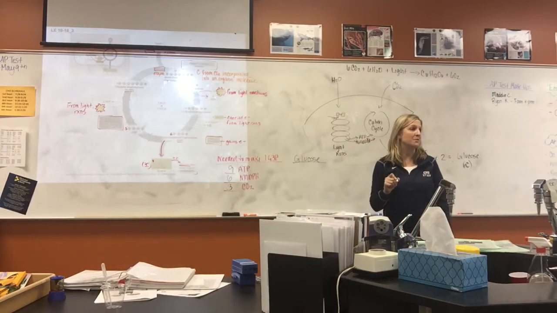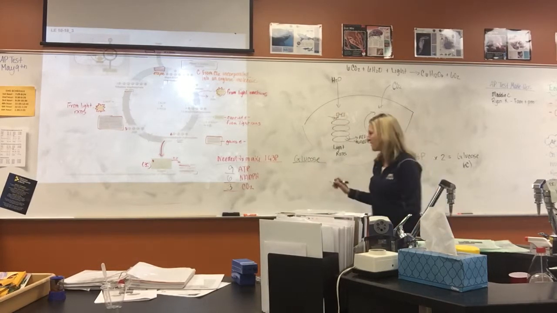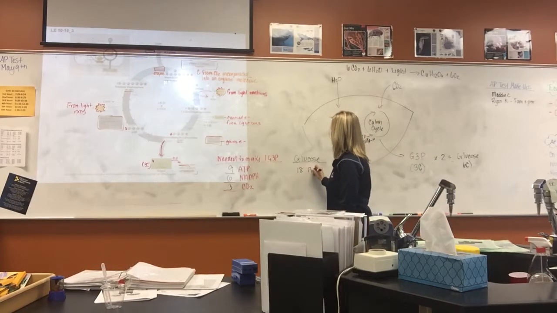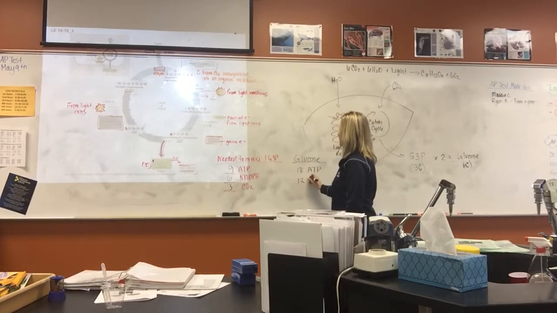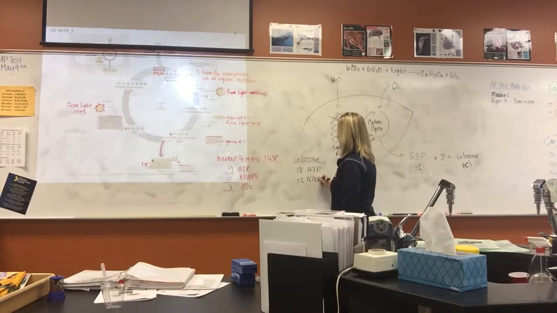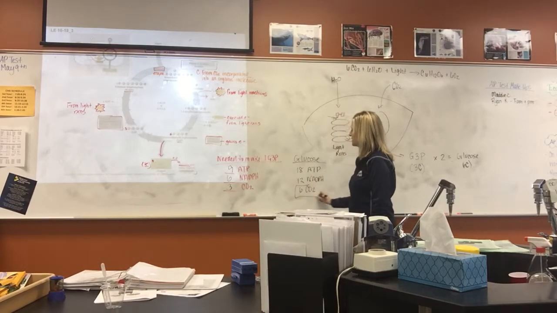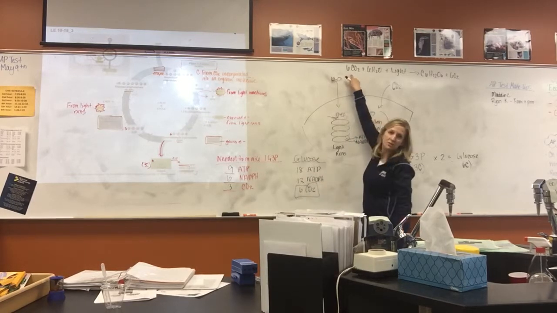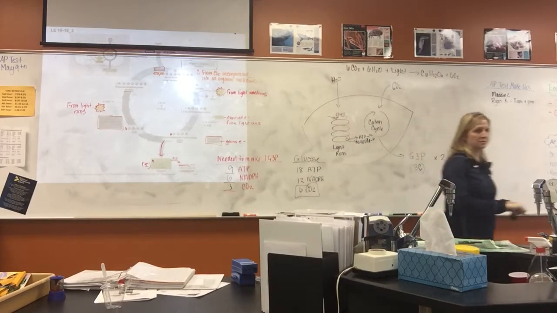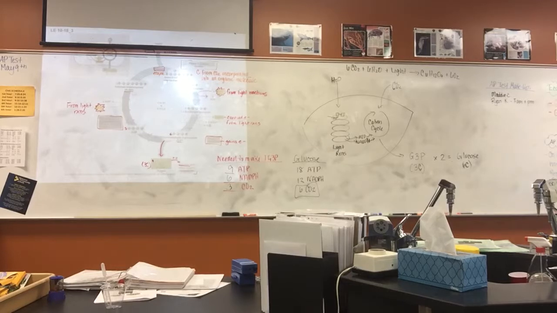What would I have to do with my numbers? Double. All right, so it'd be 18, 12, and 6 CO2s. And notice here the 6 CO2s, that's why we have 6 CO2s entering into the reaction. Is it a coincidence that it's 3, 6, 9 and 6, 12, 18? Yeah.